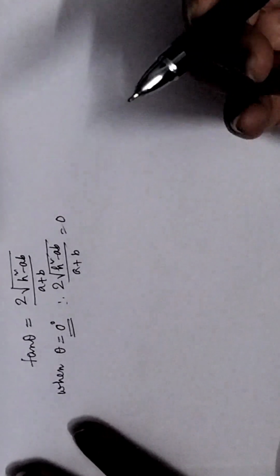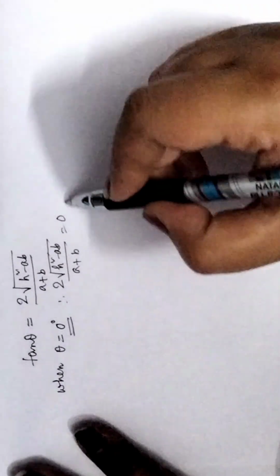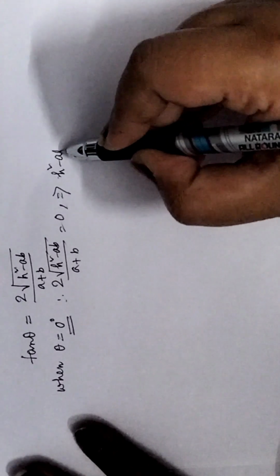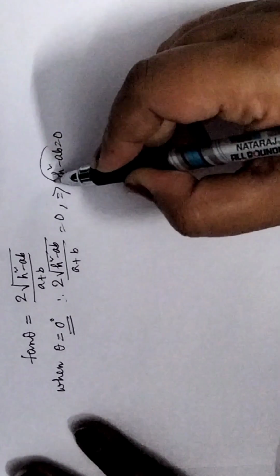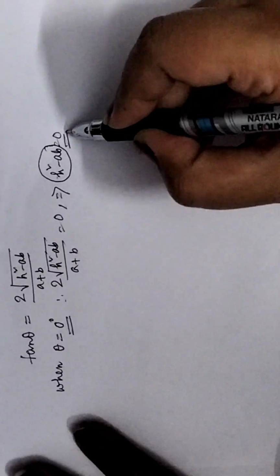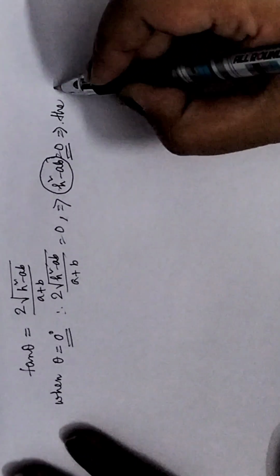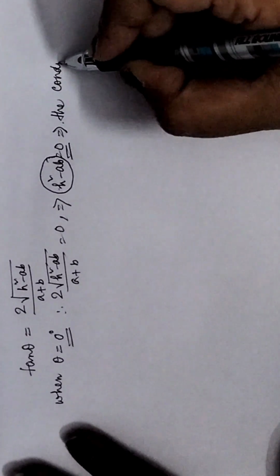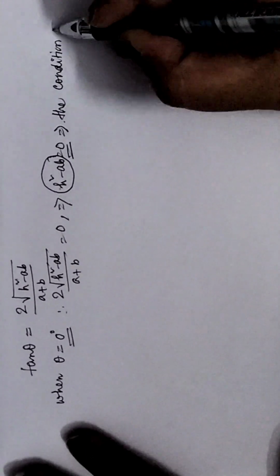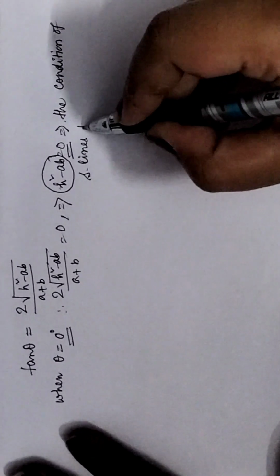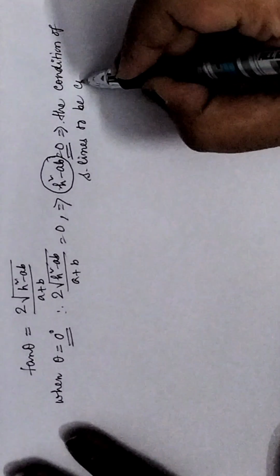So now if we simplify this, we will get h square minus ab equals to 0. So h square minus ab equals to 0 will give you the condition of straight lines to be coincident.